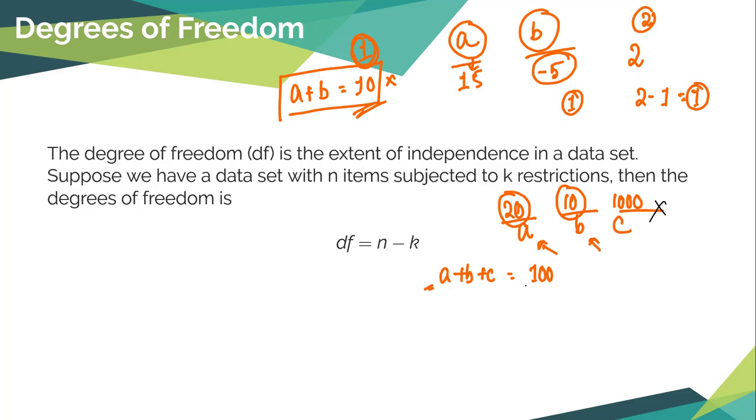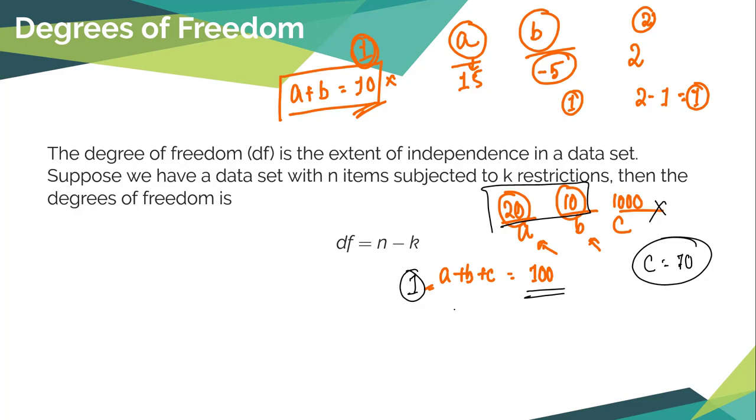Why? Because their addition must be equal to 100, and the value of c will automatically be decided as c equal to 70, because the remaining two add up to 30, and that total should be equal to 100. So imposing one condition reduces one liberty.